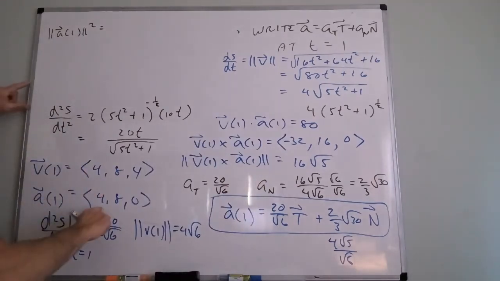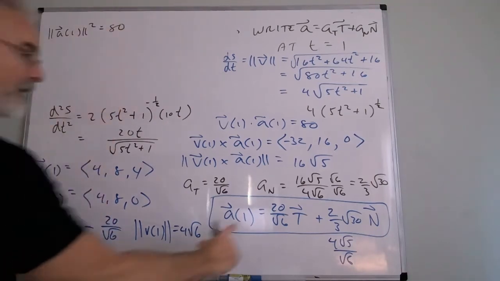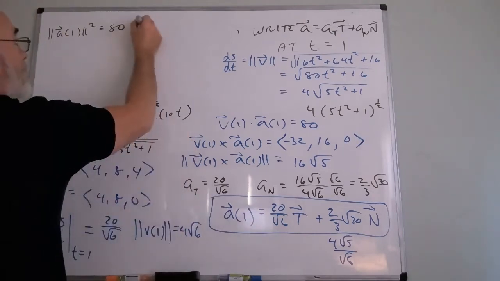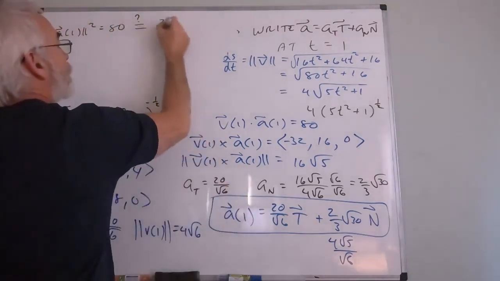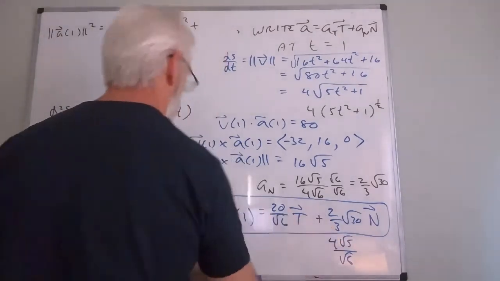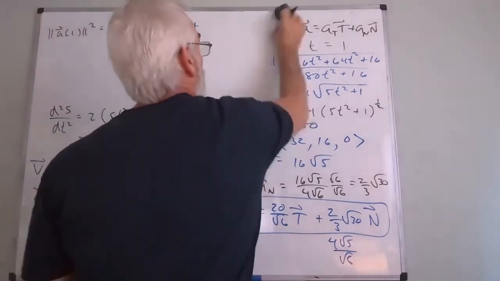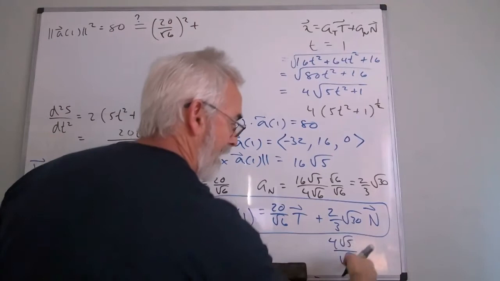So the length of this guy is 4 squared plus 8 squared. That's 80, so the length squared is 80. Okay. Question, I'm going to write in question form: is that equal to 20 over root 6 quantity squared plus 4 root 5 over root 6 squared? That's why I said leaving it in that form right now might have made it easier.